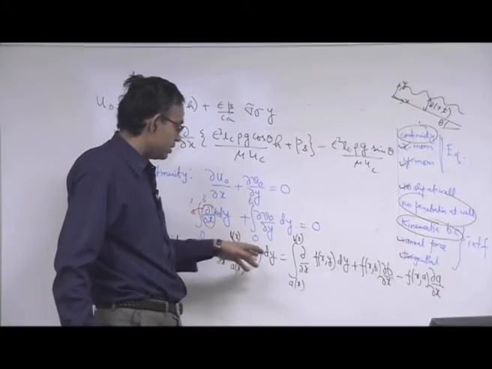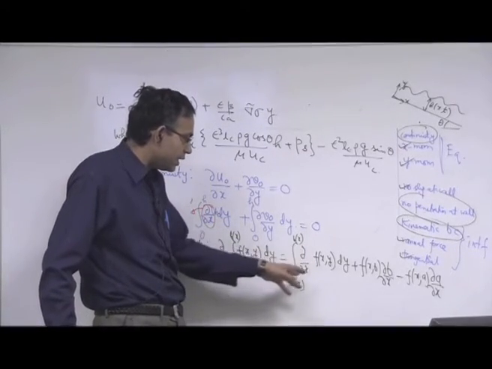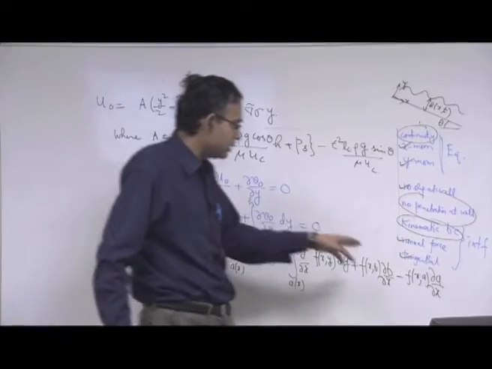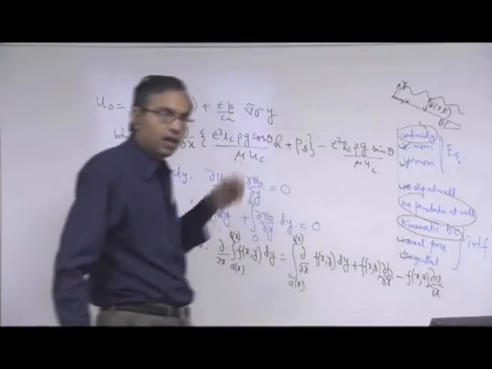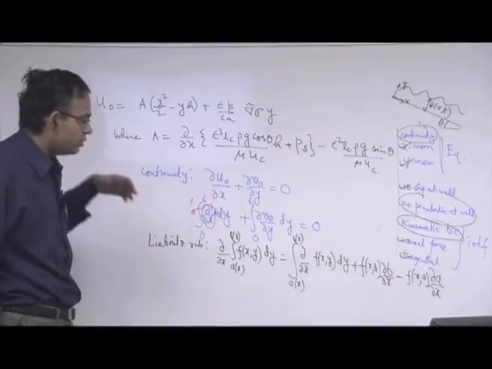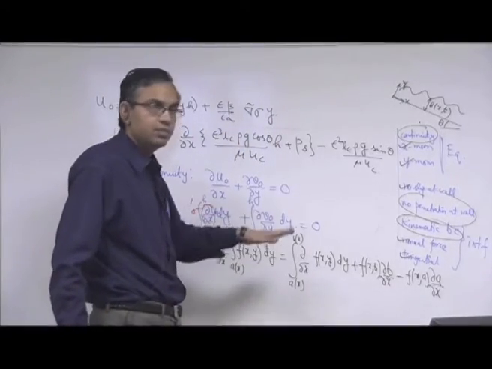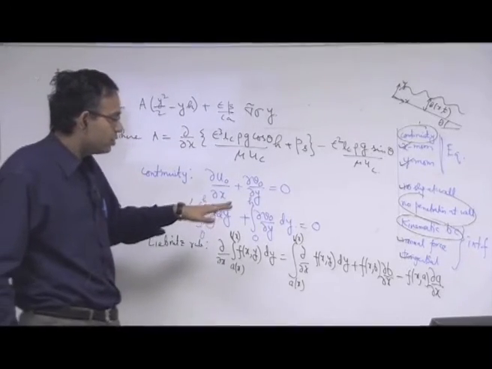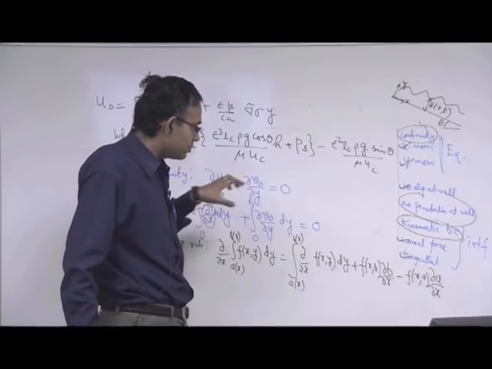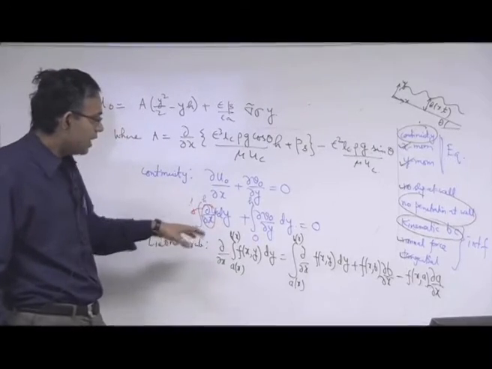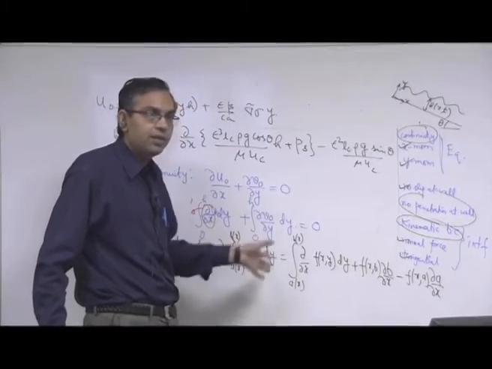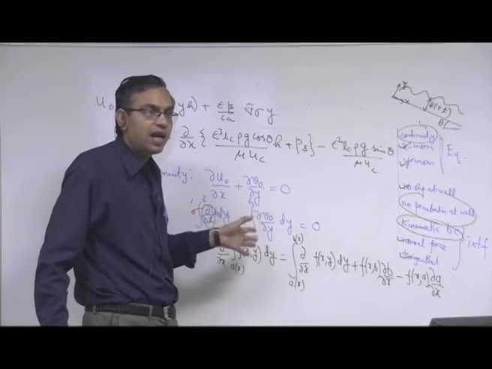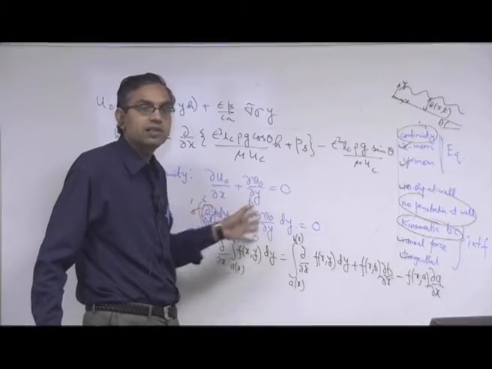Basically, if you want to bring the derivative out of the integral sign, these two terms you have to make as an adjustment. I do not remember whether I have mentioned this, but this Leibniz rule, which we write in mathematics, is just a manifestation of the Reynolds transport theorem.